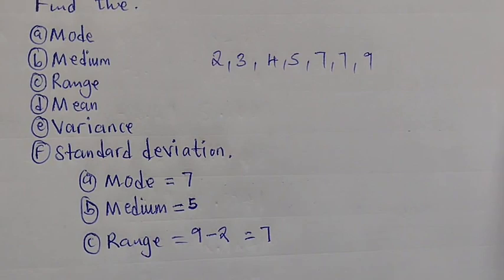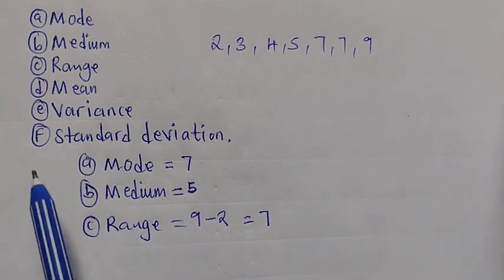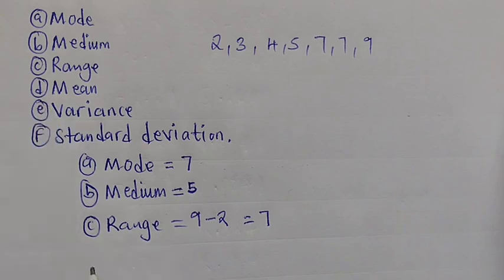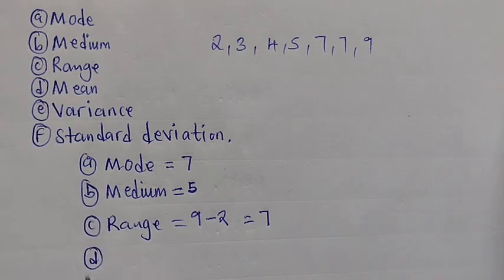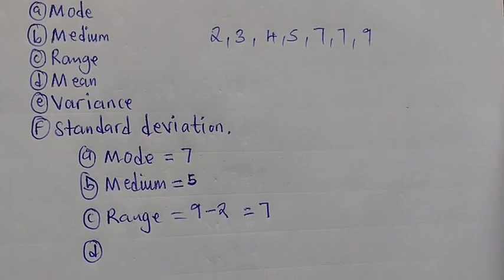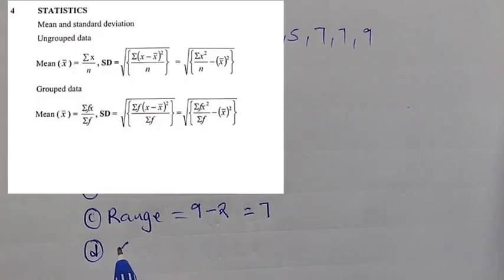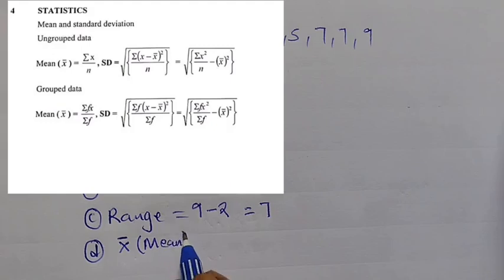Alright, so we now move on. We are coming to D, which is the mean. Since this is ungrouped data, the mean has its own formula. We can use x bar to represent the mean.